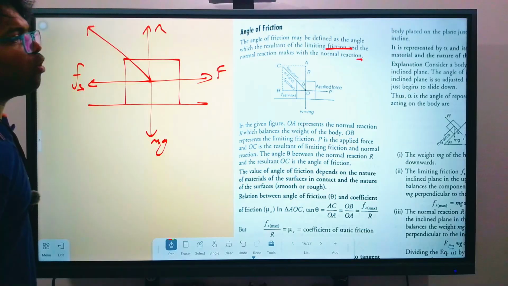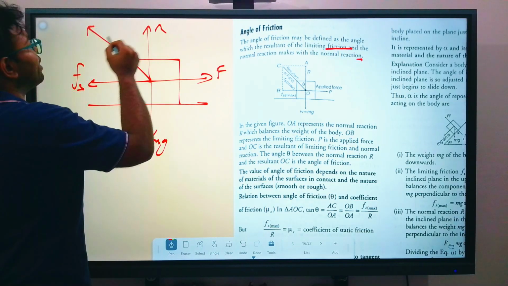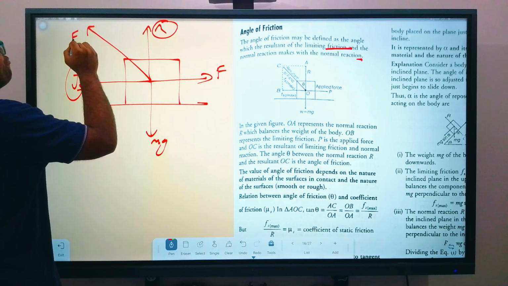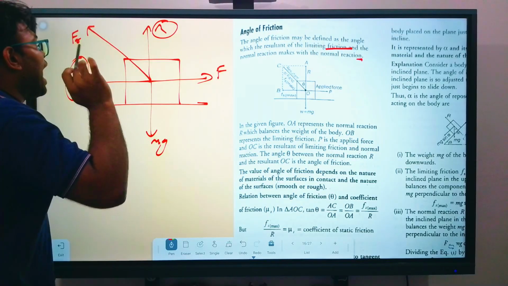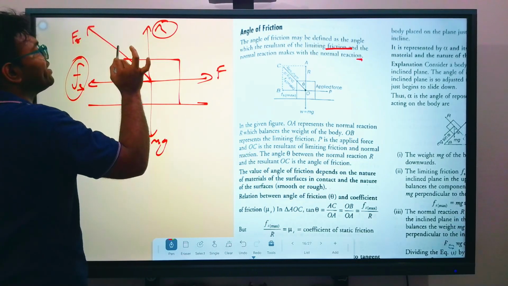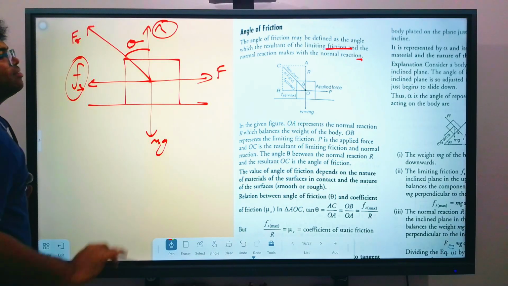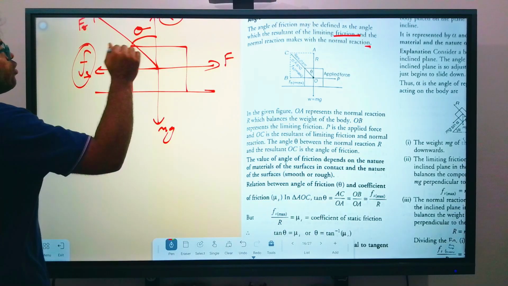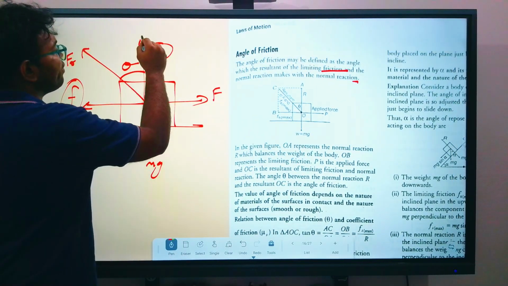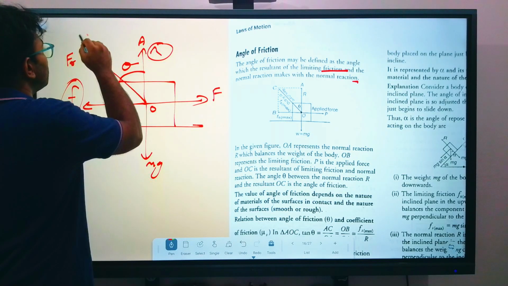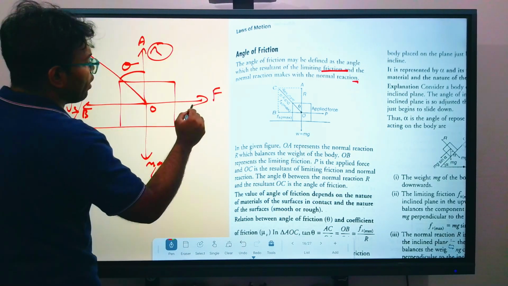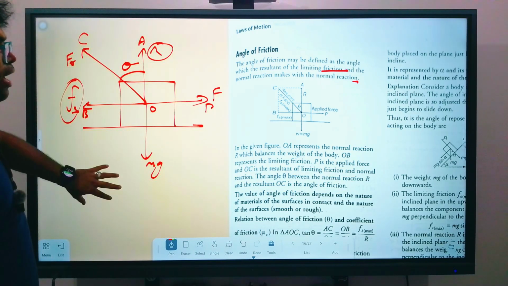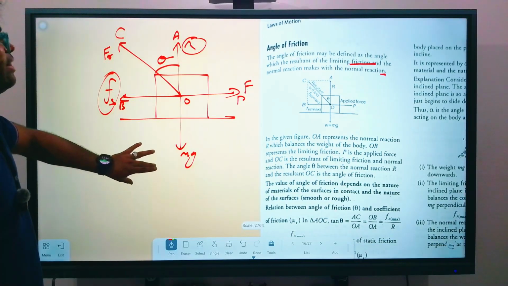This will become my resultant of the static friction and the normal reaction. So this is F resultant. The angle between the F resultant and the normal reaction becomes theta. Okay, now in triangle AOC, let's actually name it. You have A, you have O, you have C, you have B, and you have P. Okay, so in triangle AOC, what is the value of tan theta?